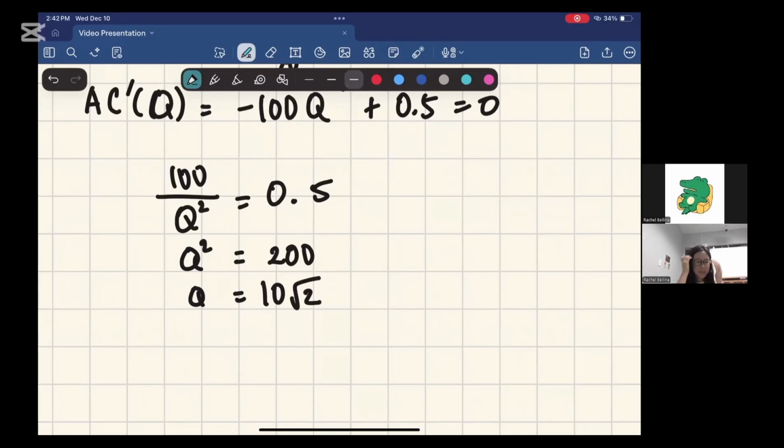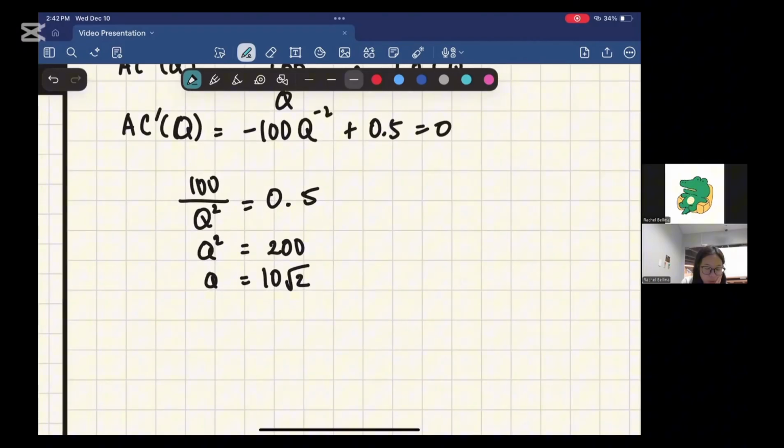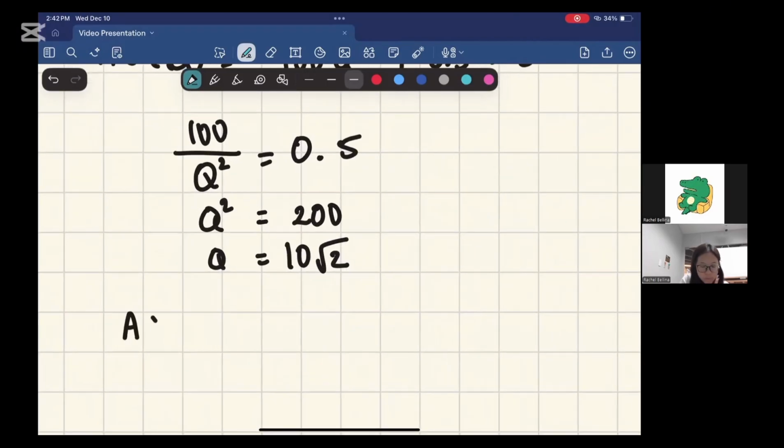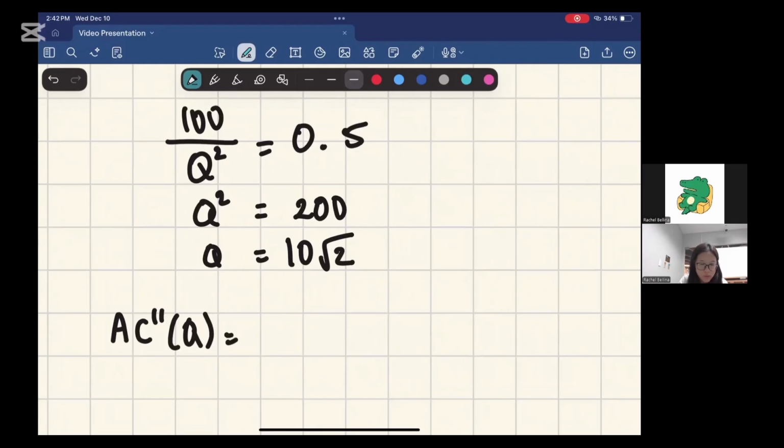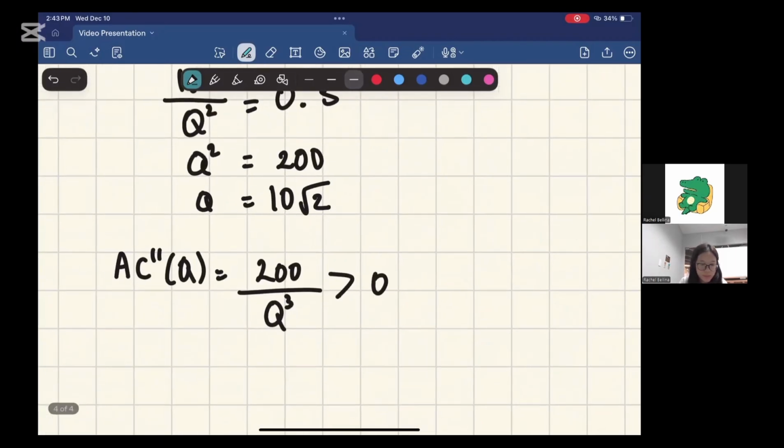Now let's check the second derivative of average cost. It goes to 200 divided by Q cubed, and it's greater than 0.